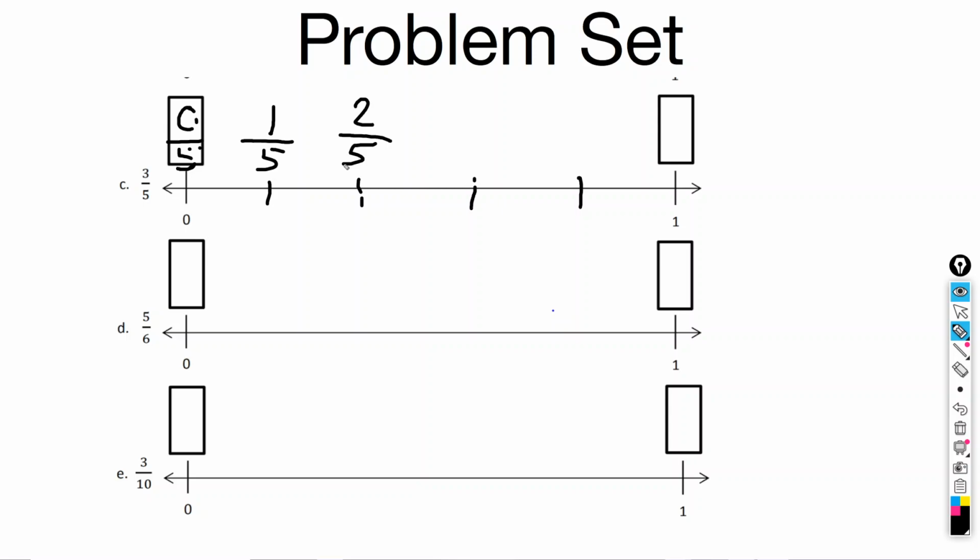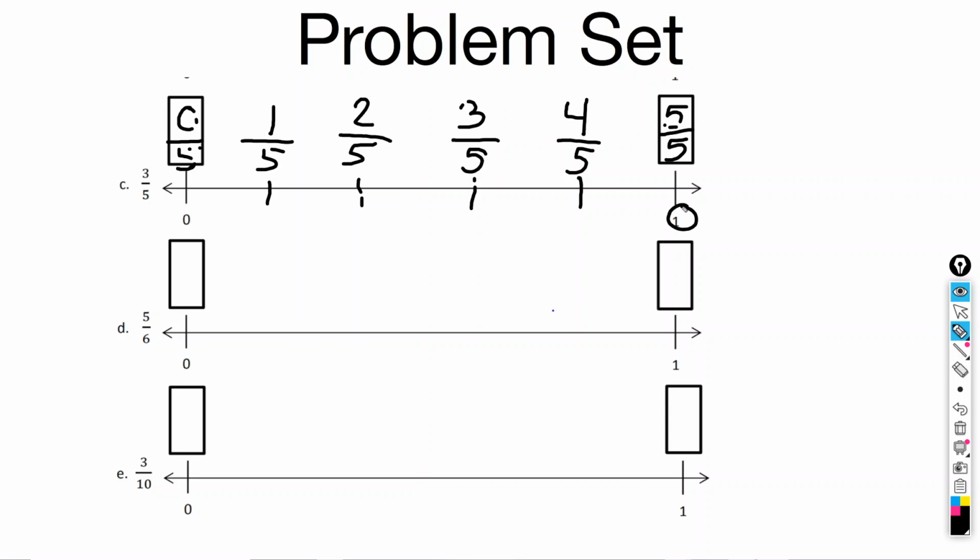Let's keep going. 3 out of 5 pieces, or 3/5. 4 out of 5 pieces, or 4/5. And finally, 5 out of 5 pieces, which is 5/5, or 1 whole.